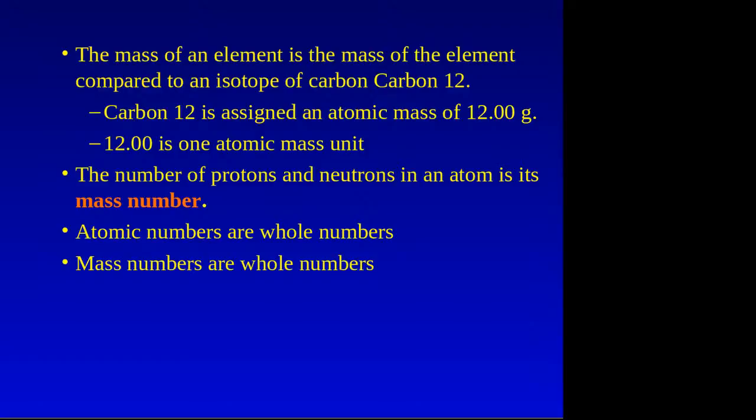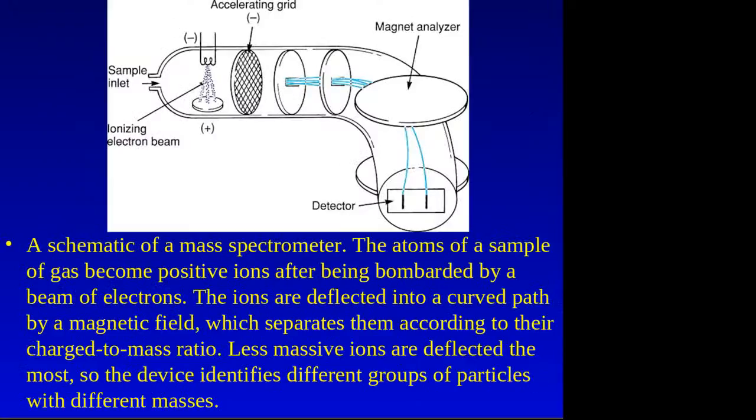Mass numbers are whole numbers. The atomic mass is not. And so because the atomic mass takes into account any isotopes, it rounds to being decimals. So we will talk mainly in atomic mass numbers.